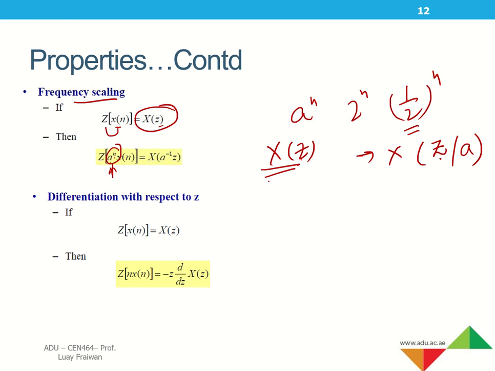For example, if I multiply my original signal with one over two to the power n, then whatever Z transform of the original signal I have, I replace z with z over one half.